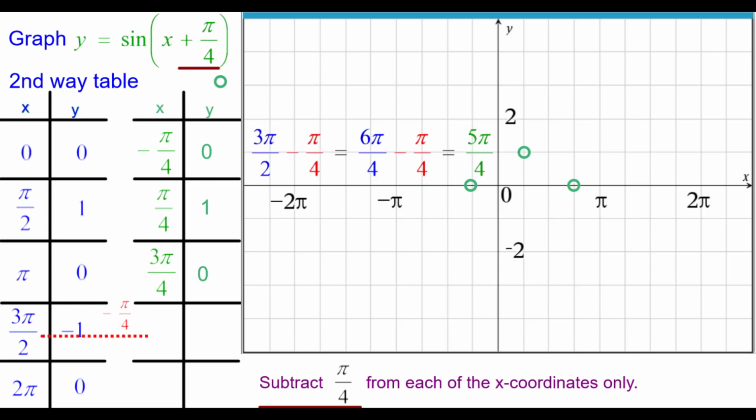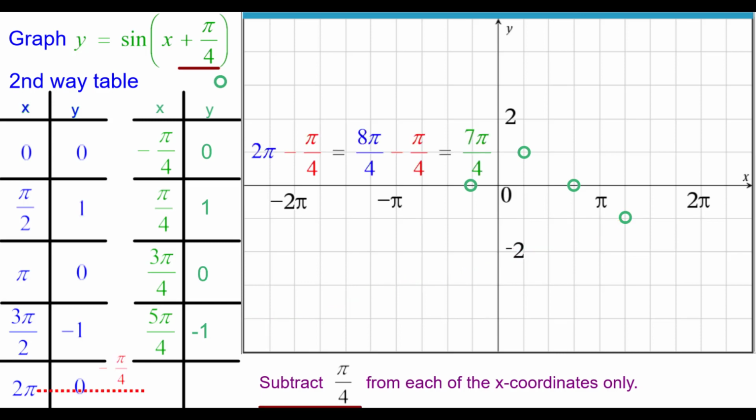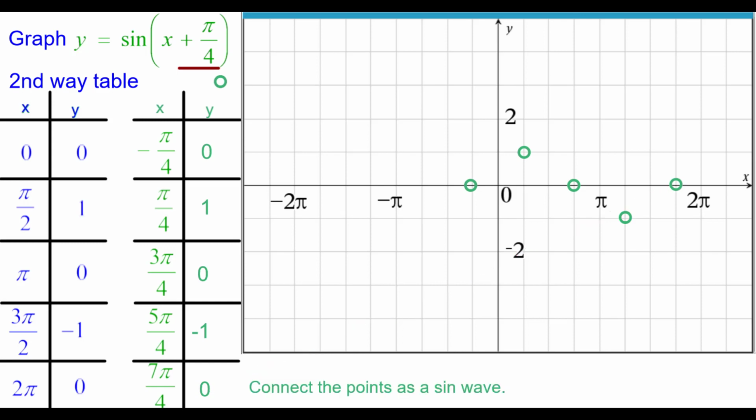3 pi over 2 minus pi over 4. Again, that would be 6 pi over 4 minus 1/4 pi is 5/4 pi, comma negative 1. So we'll plot that. And finally, 2 pi minus pi over 4 is 8/4 minus 1/4, or 7/4 pi, comma 0. We'll connect the points as a sine wave, concave down and then concave up.